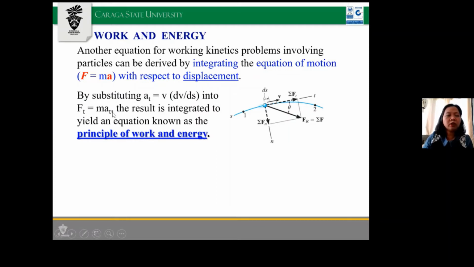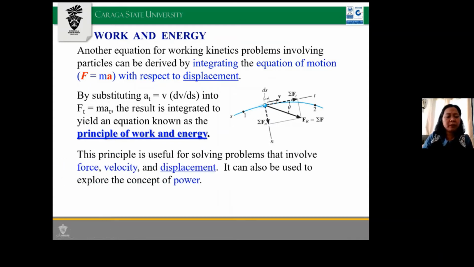The result of the integrated formula yields an equation known as the principle of work and energy. If this is your particle and you apply a force, it has components along the tangential and normal directions: the summation of forces along the tangential and the summation of forces along the normal.